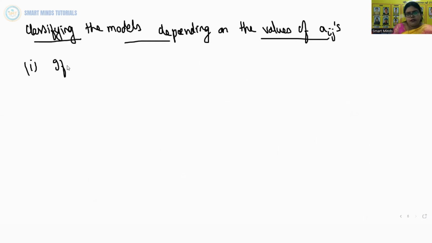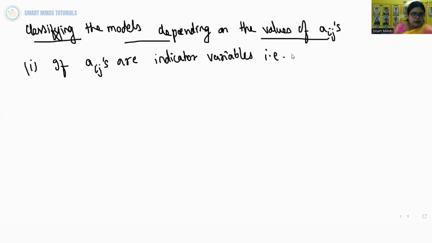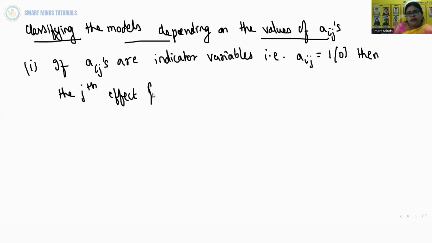So the first point is, if aij's are indicator variables, that is aij is equal to 1 or 0, then the jth effect beta j is present in E of yi.